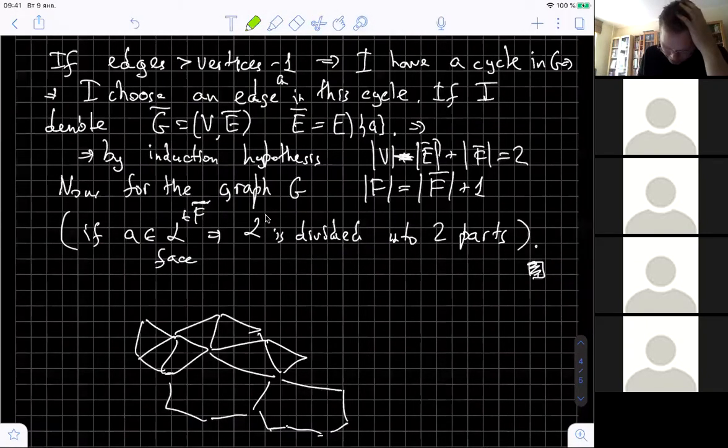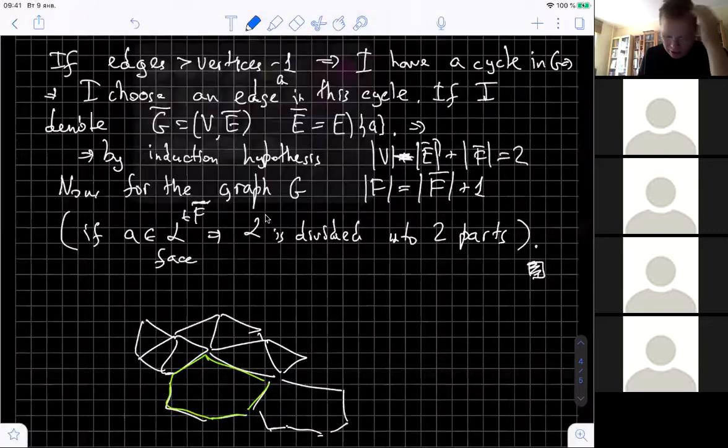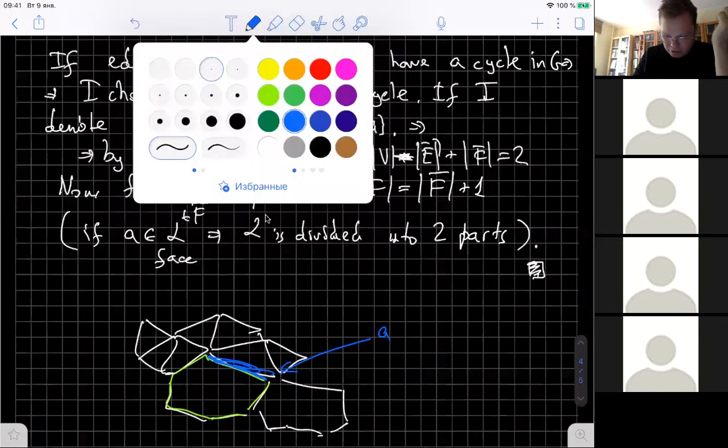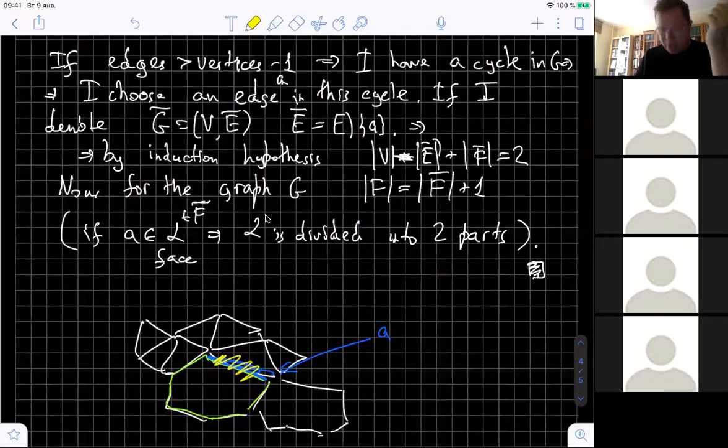For example, here I can find the cycle, and then I just choose an arbitrary edge. So this will be the edge A, and then I forget about it. If I draw the graph without it, I will have a graph with a smaller number of edges, and by the induction hypothesis, I can prove that this formula holds for this graph.